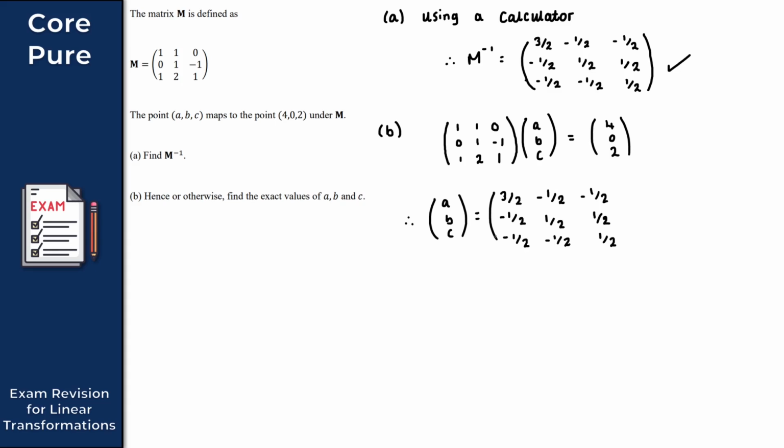I apologize, it's a little bit tedious writing this down each time. Perfect. So that's the inverse of M, and then we times it by this matrix, 4, 0, 2.